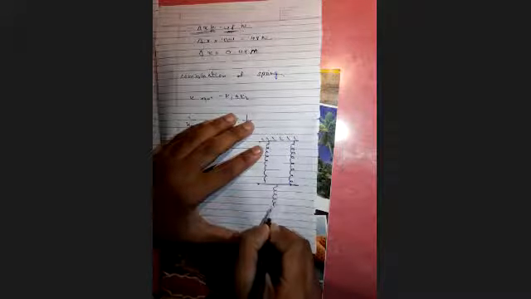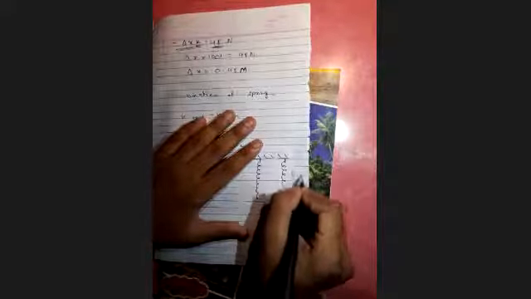So we have another spring here with a 4 kg block, and we have k as 10 Newton per meter. So k equivalent is k1 plus k2, we have 10 plus 10, we got 20.